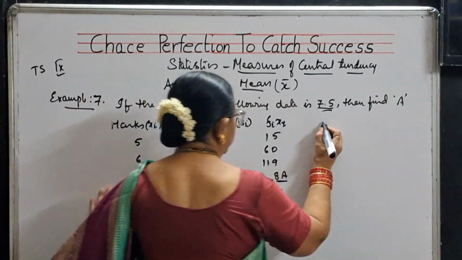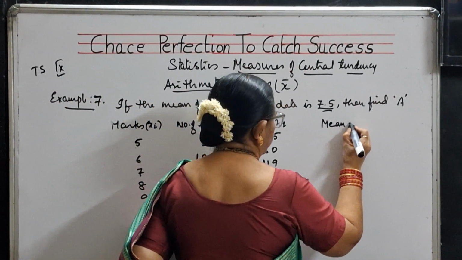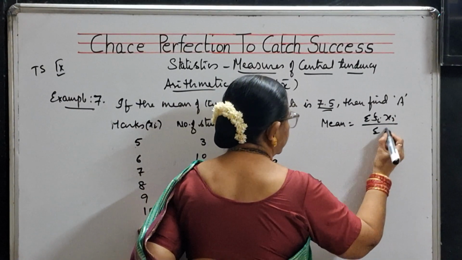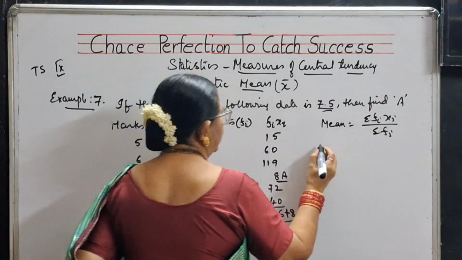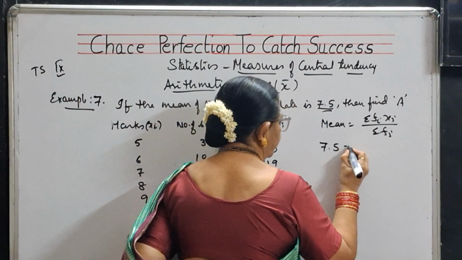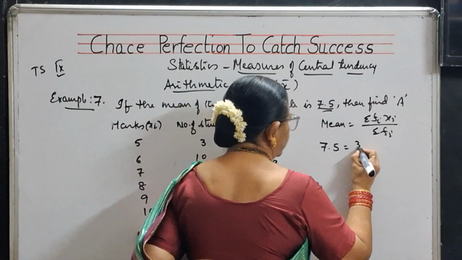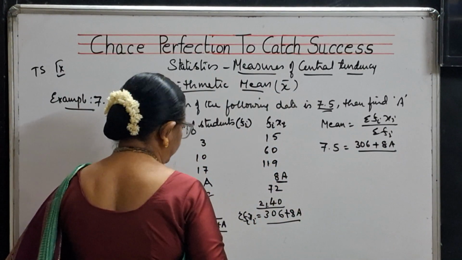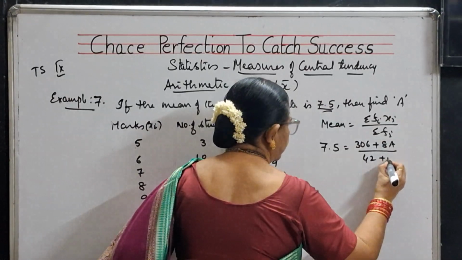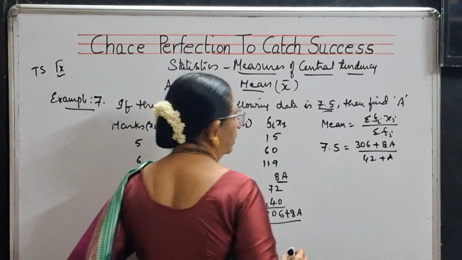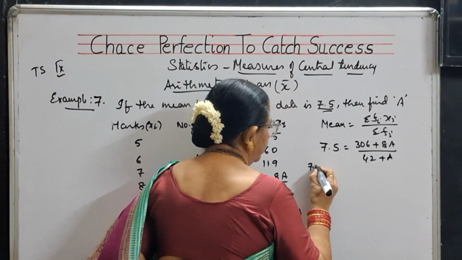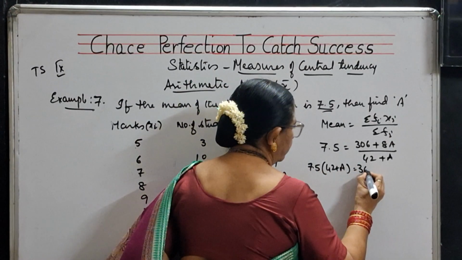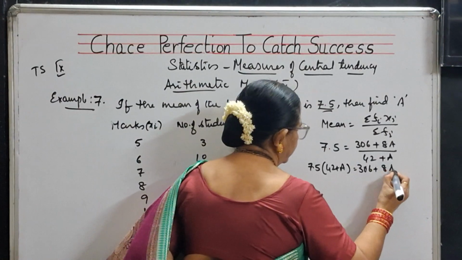Now we know that mean is equal to sigma fi xi by sigma fi. Mean they have already given how much? 7.5 is equal to, this is 306 plus 8A by sigma fi is 42 plus A. So when you are doing cross multiplication, 7.5 into 42 plus A is equal to 306 plus 8A.